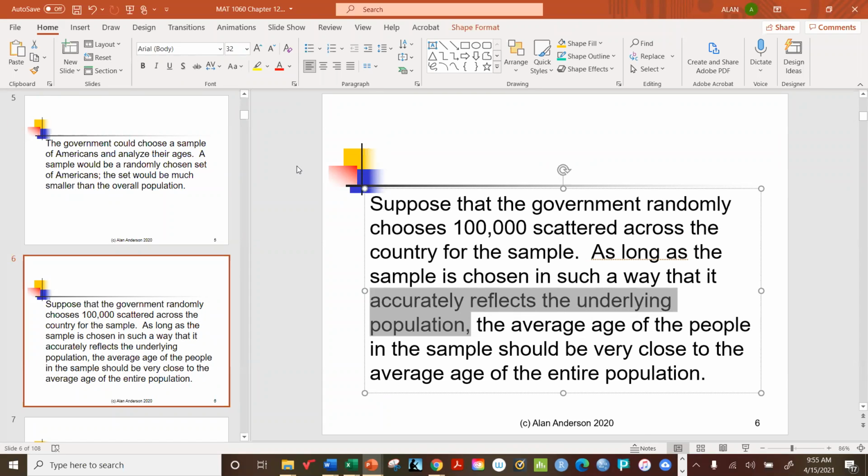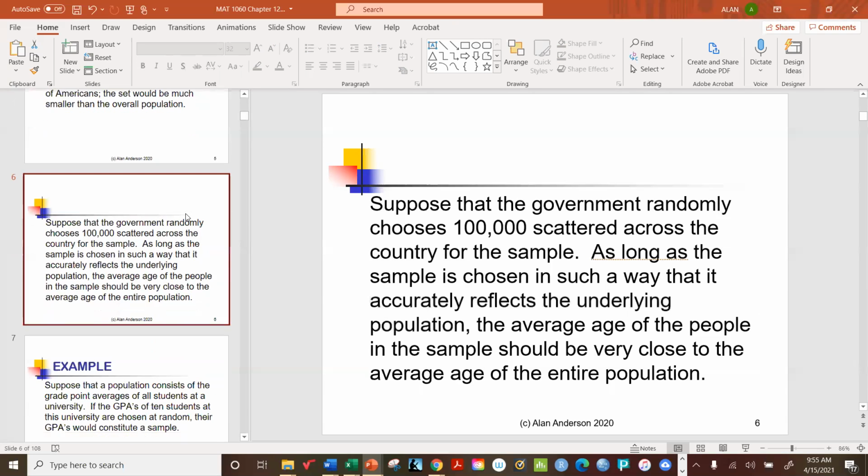The key to the whole thing is choosing it correctly. In other words, in this case, just completely at random. If we accidentally, let's say, picked only people who are retired for our sample, then clearly the results would be way off. So if we're careful about the way we choose the sample, the results that we get should be a very good, accurate reflection of the population, which is what we're really interested in studying.